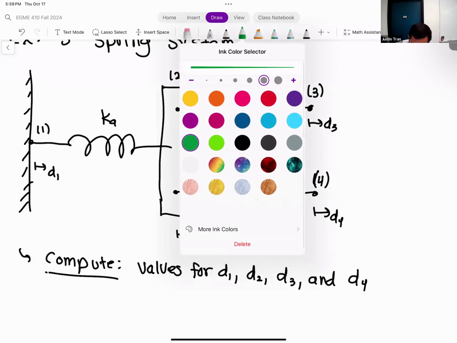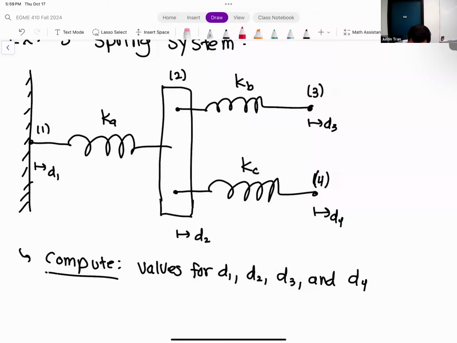Let me go ahead and input the forces. Let's say on node 3 here, we have a tensile force, we'll call it F3. And then on node 4 here, we're going to have a compressive force F4. I have values for all these parameters as well. So we're going to plug in values and find the solution.